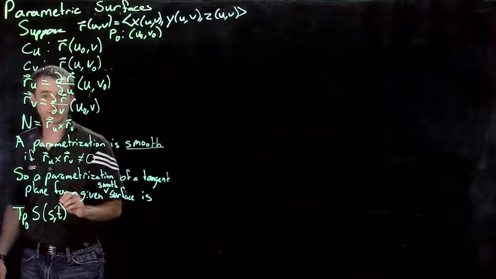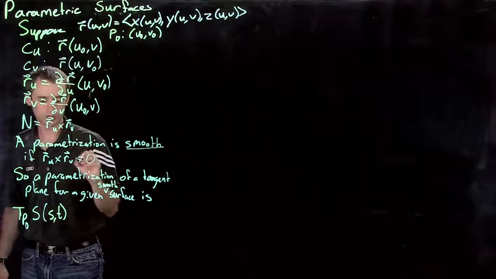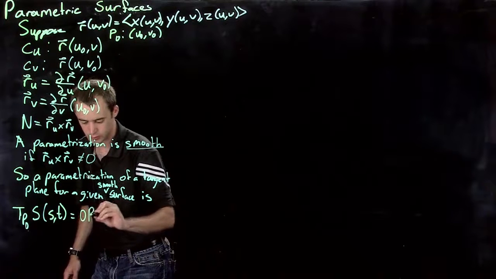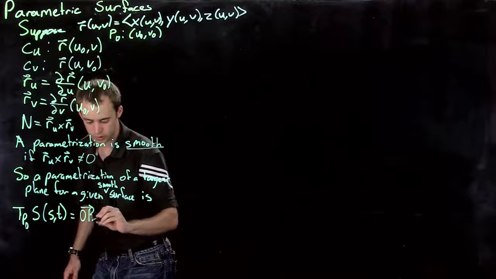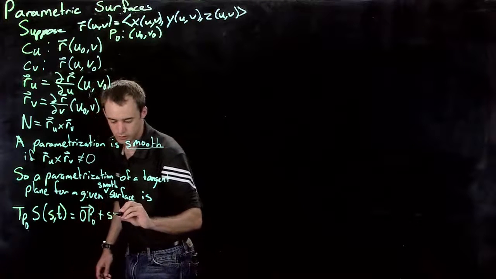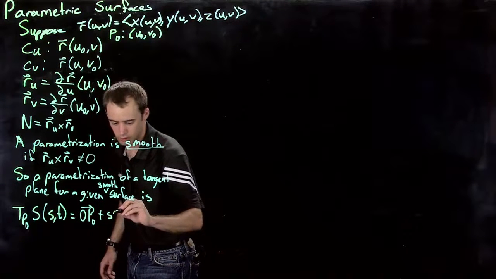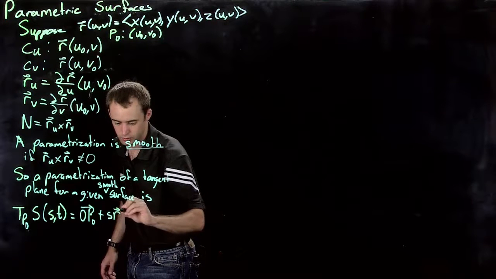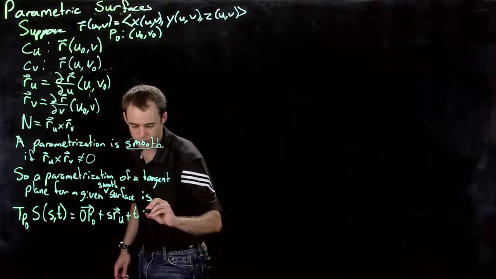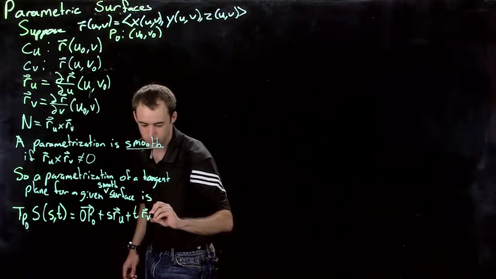I'm going to use s and t for my parameters here since we've already used u and v. It is the vector 0 to P0 plus s times the vector r_u plus t times the vector r_v.